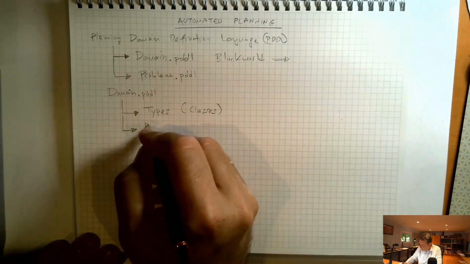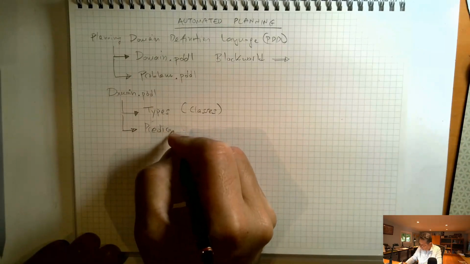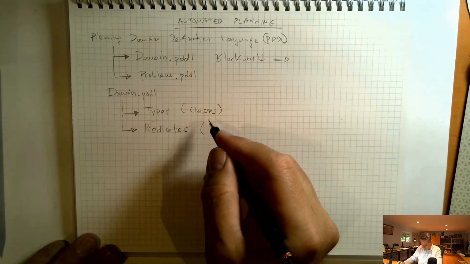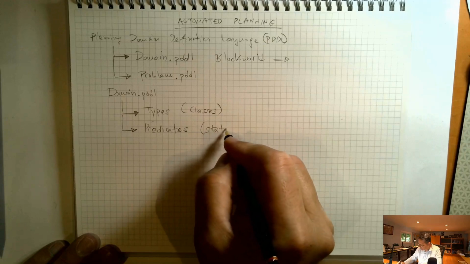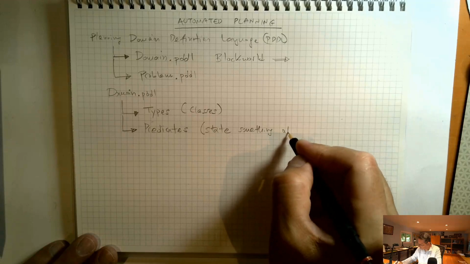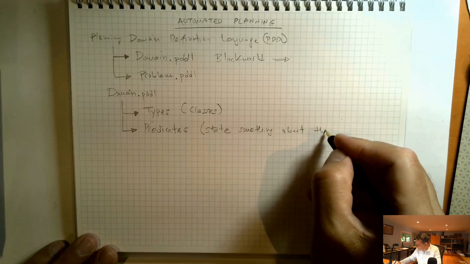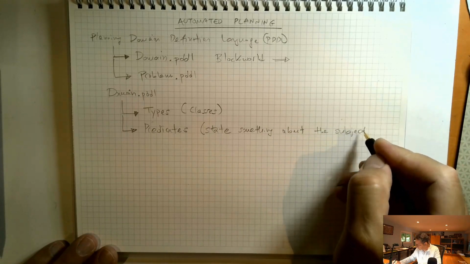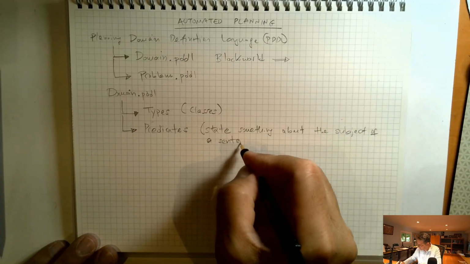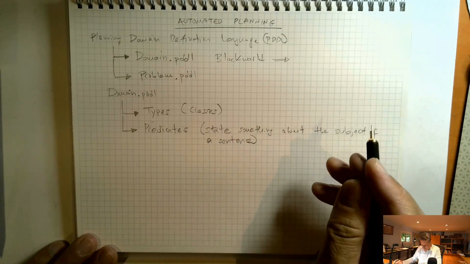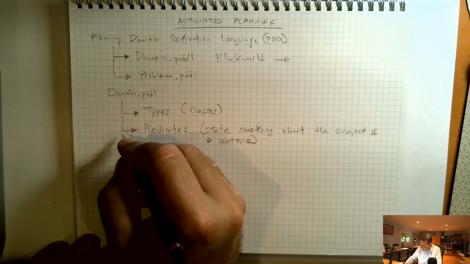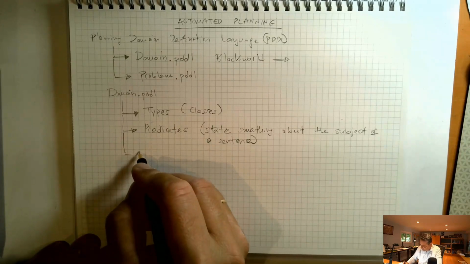We need to introduce predicates, that effectively state something about the subject of a sentence generically. Okay, so that's something we will introduce a bit more formally in a moment.